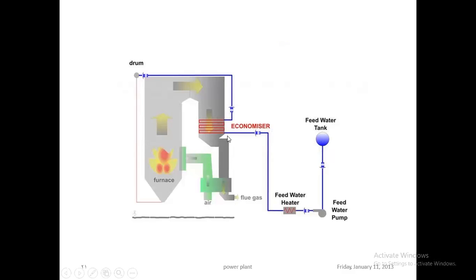The working of the economizer can be understood at this level: the feed water heater extracts the water from the feed water pump and provides it to the boiler. So the main purpose of the economizer is here.